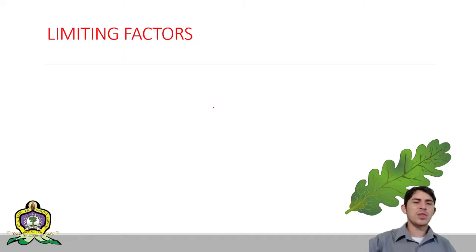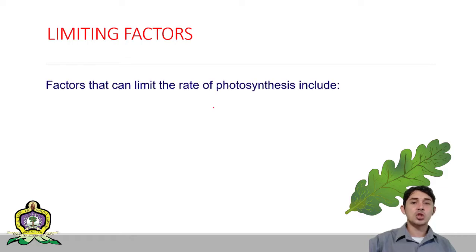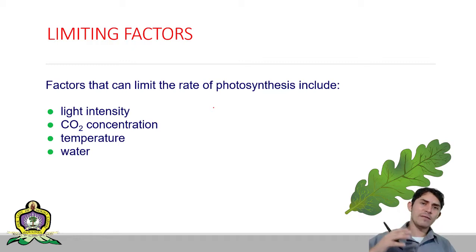What are possible things that can make it just stop or slow down? Well, we have 4 examples of things that can slow down photosynthesis. We have light, we have carbon dioxide, water, and temperature. And we will be looking at each and every one of these.